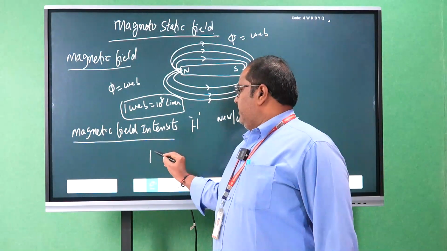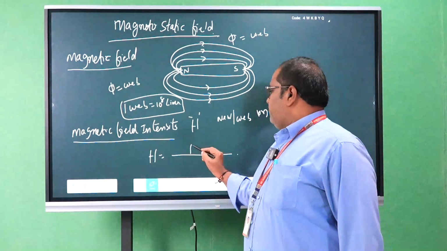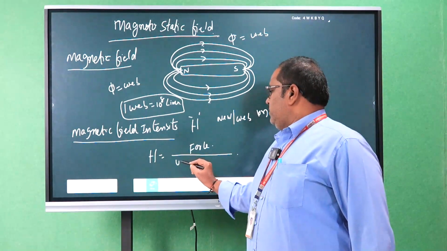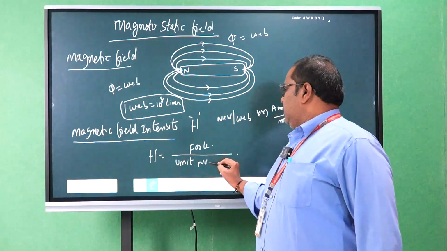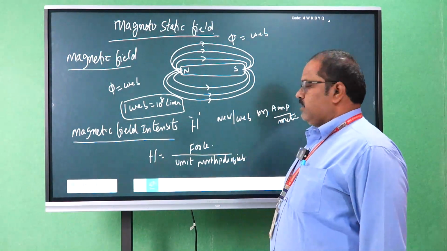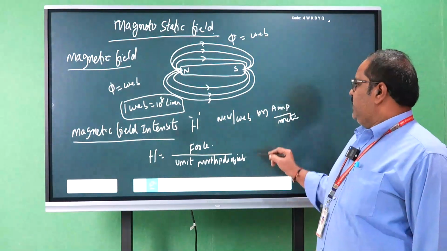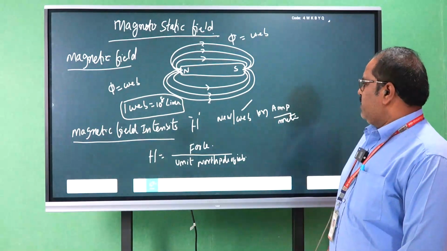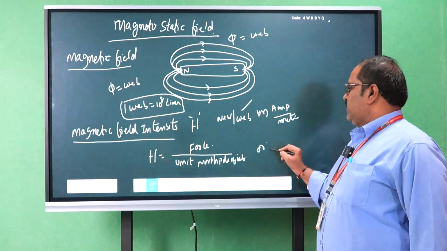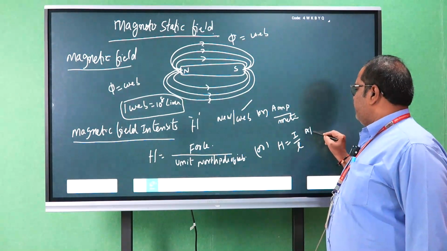It is defined as the force per unit North Pole flux in Webers. It is also defined in terms of current in a line, therefore Ampere per meter.